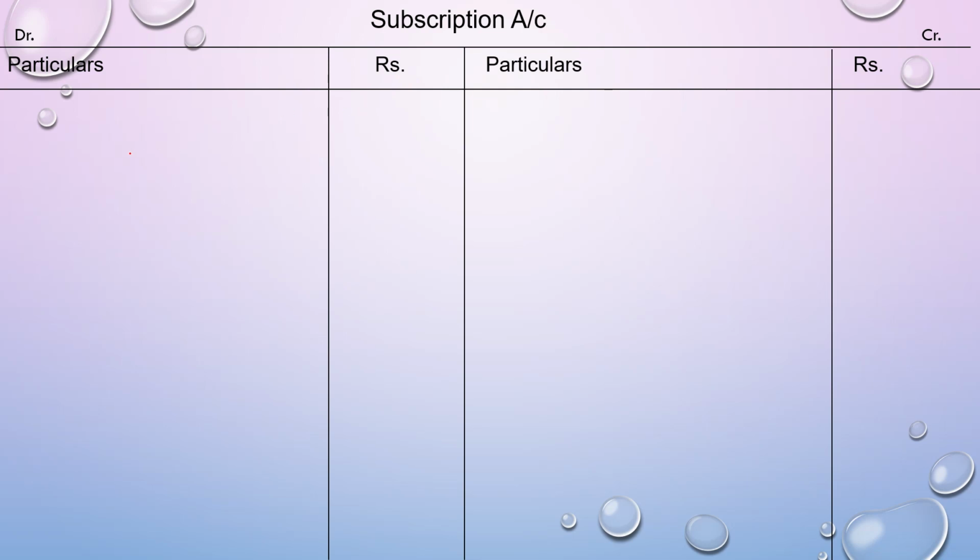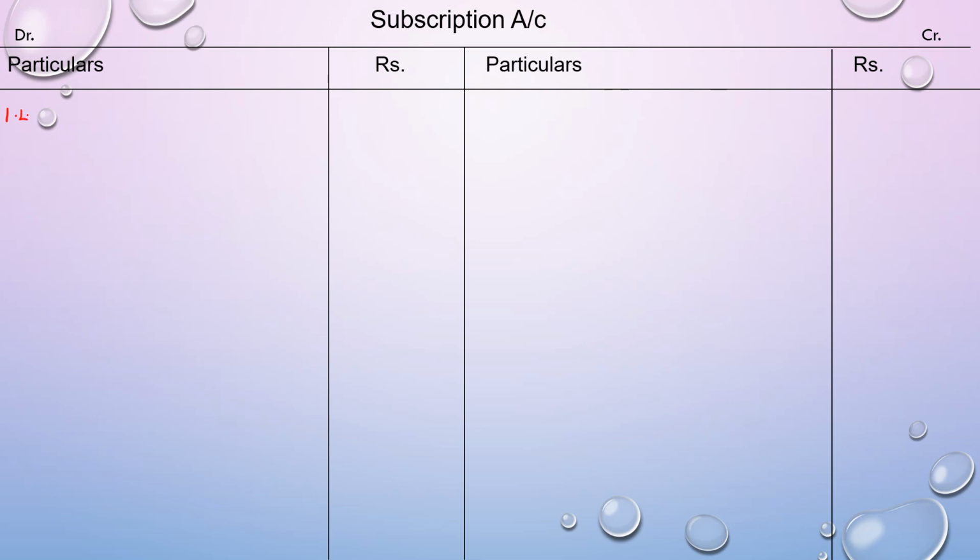First thing, we know that there is outstanding at the beginning, outstanding at the end, advance at the beginning, advance at the end. We have the amount received during the year. So, this is where it will appear. In the subscription account on the debit side, you would have subscription outstanding at the beginning.